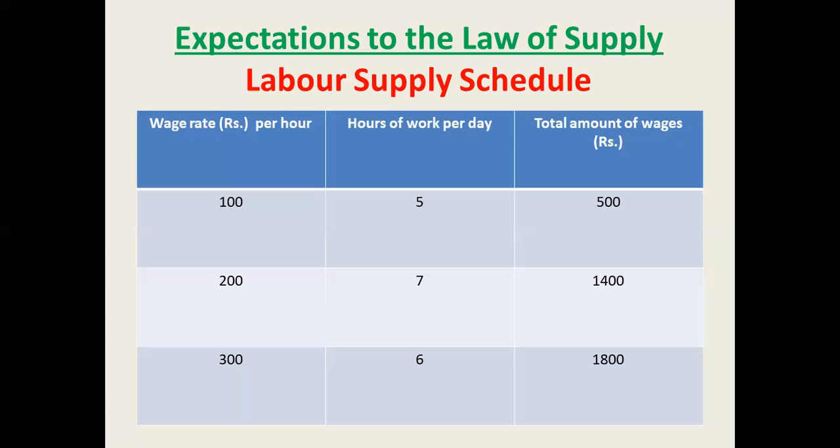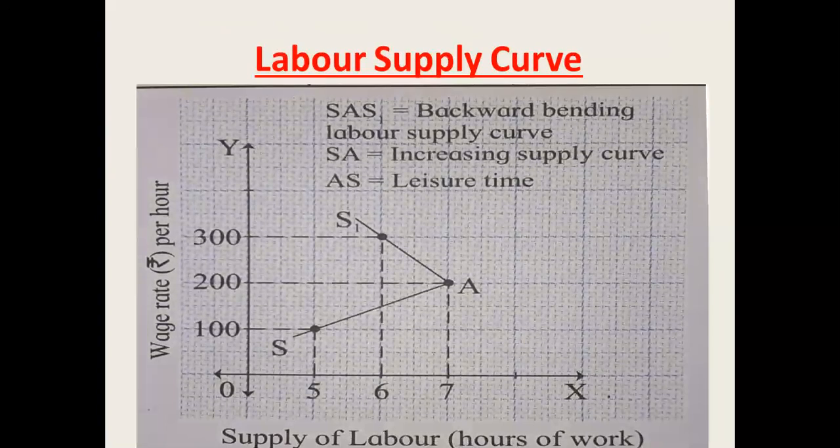So we have just discussed the schedule, and now the graphical representation. I have shared the labor supply curve. SAS1 is the backward bending labor supply curve. From S to A, it goes left to right upward.